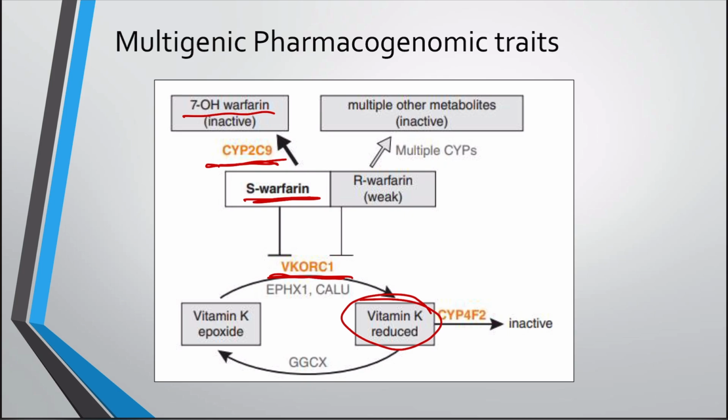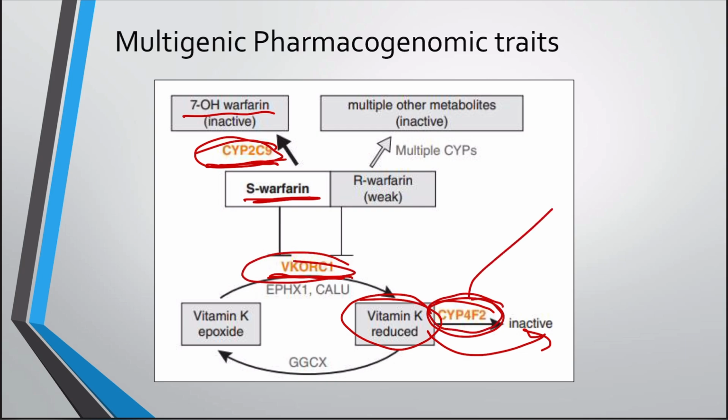Plus, this active form of vitamin K, that is reduced vitamin K, is converted to its inactive form by another enzyme, that is CYP4F2. So here you can see we have three genes which are responsible for affecting the function of warfarin, that is CYP2C9, then VKORC1, then CYP4F2.